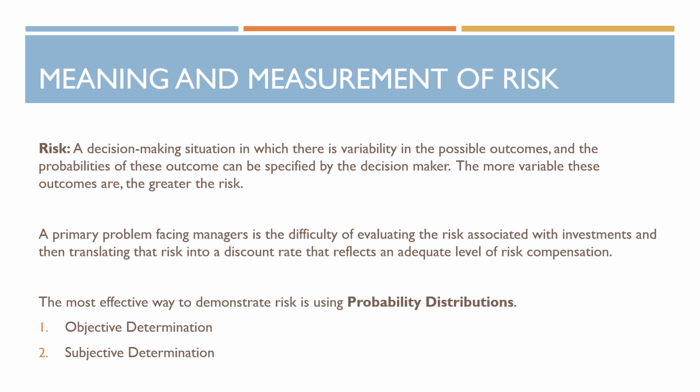The most effective way to determine or demonstrate risk is basically using a probability distribution approach, where you can take into account historical cases and look at it more objectively, so that you can determine whether the risks are high or low compared to other related projects or operations methods.